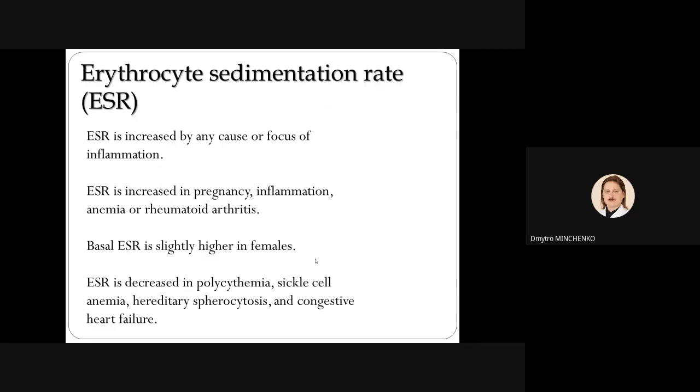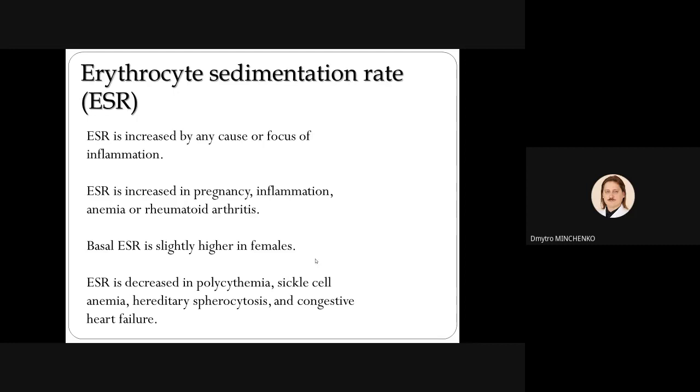Erythrocyte sedimentation rate. ESR is increased by any cause or focus of inflammation. ESR is increased in pregnancy as well, in anemia or rheumatoid diseases like rheumatoid arthritis, lupus, rheumatic fever.